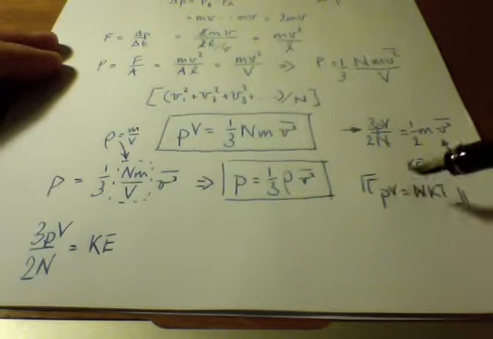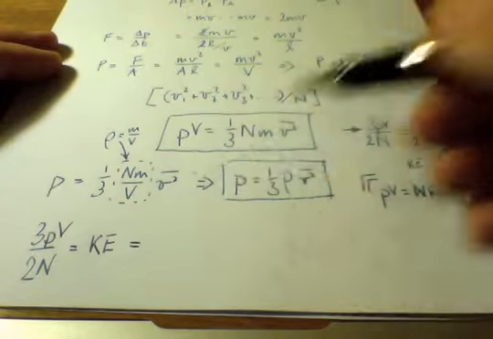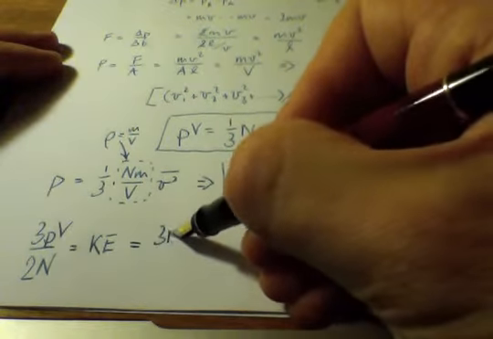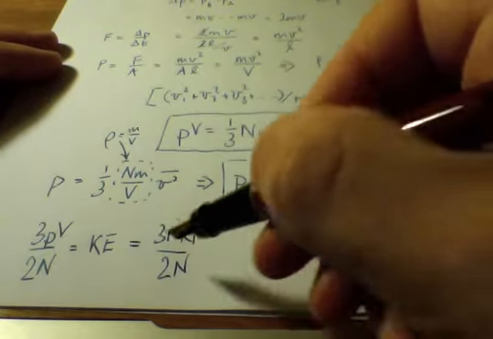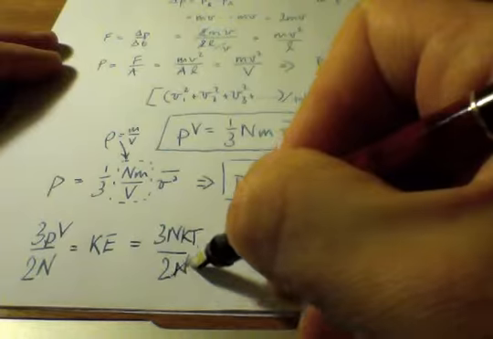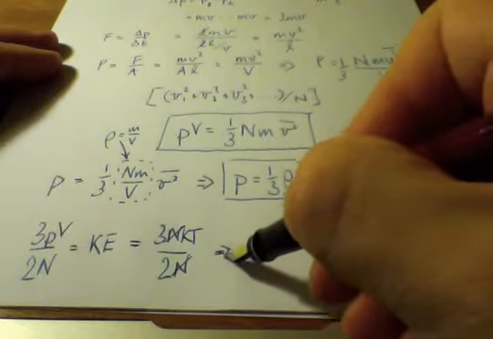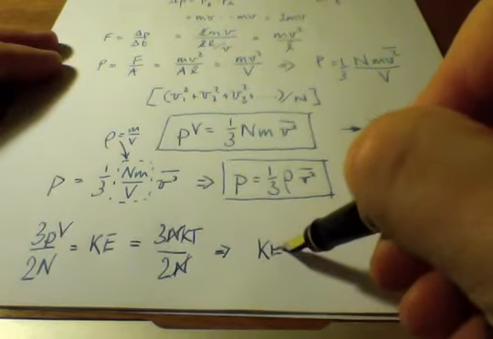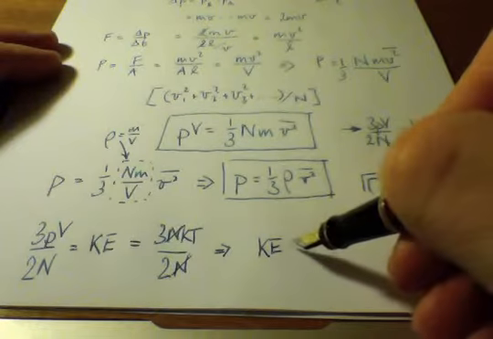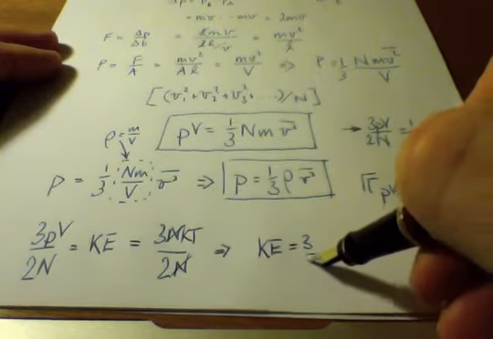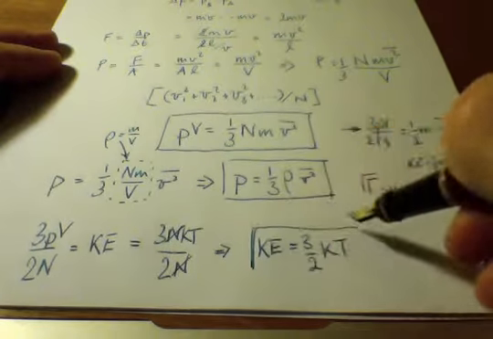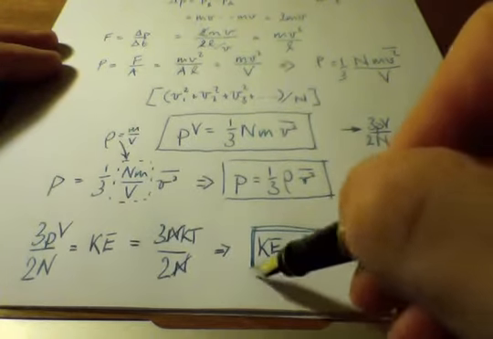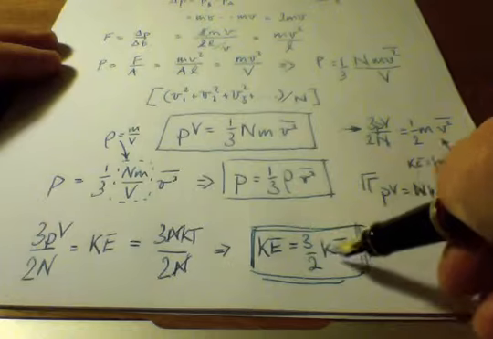And I substitute my PV into this equation down here. I come out with 3NkT over 2N, which gives me my kinetic energy. With a little bit of cancelling out, I can say the average kinetic energy of an ideal gas like we're talking about is 3/2 kT.